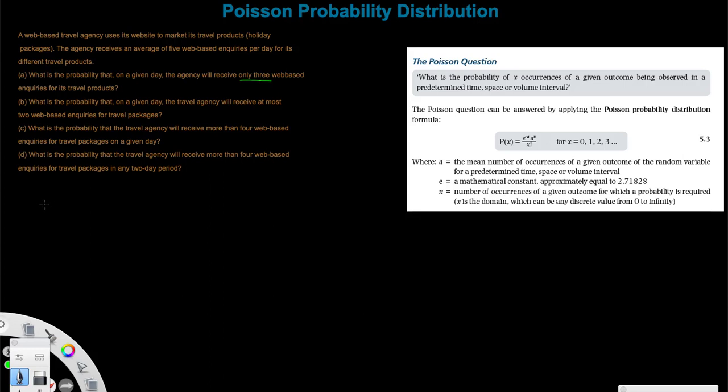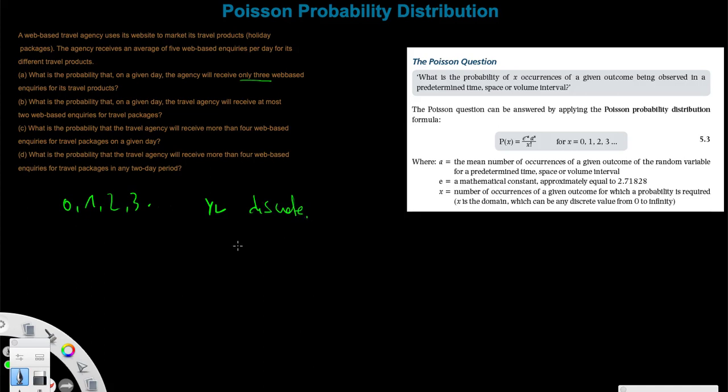One, the random variable is discrete, because the agency can only receive 0, 1, 2, or 3, and so on inquiries. There's no such thing as half an inquiry. So the data here is discrete.